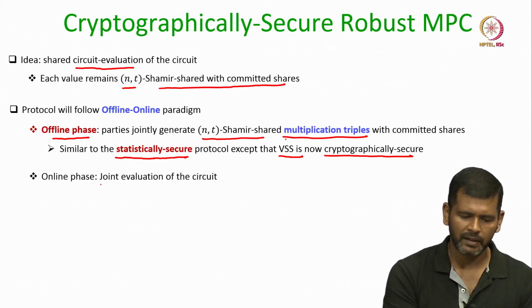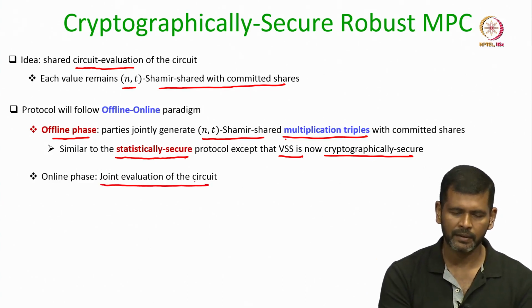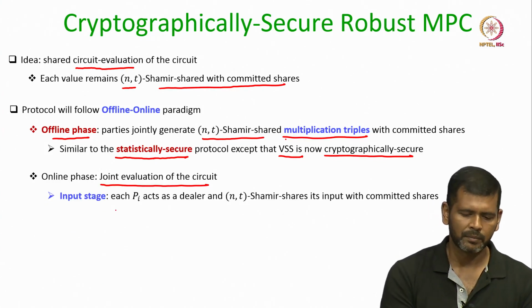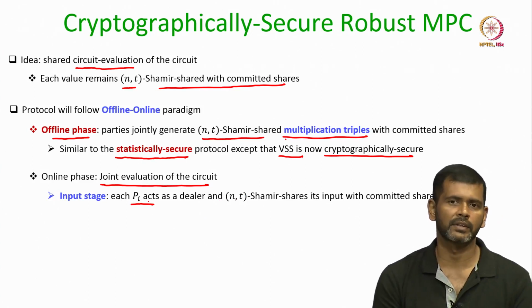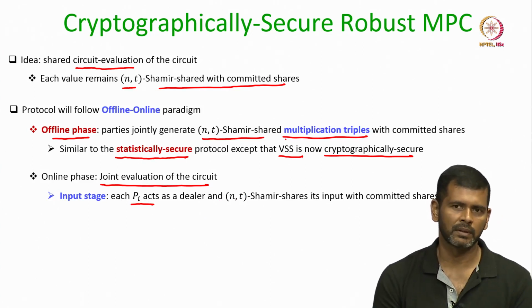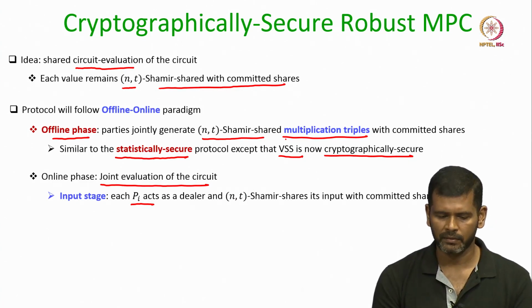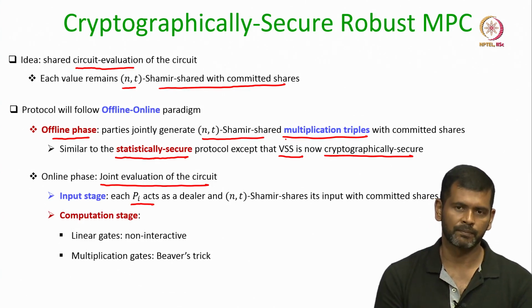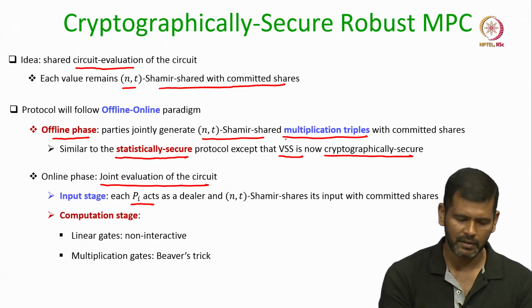And in the online phase, the parties will be jointly evaluating the circuit in a secret shared fashion, starting with the input stage, where each party will first act as a dealer and secret share its input for the function to be computed using an instance of Pedersen's VSS, and then each gate will be evaluated in a secret shared fashion.